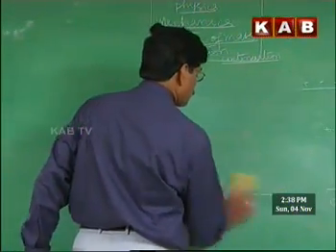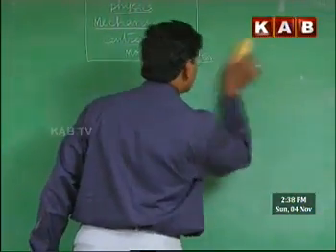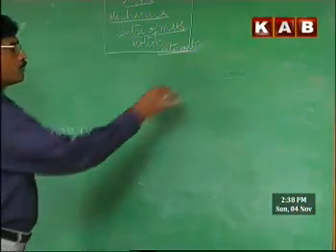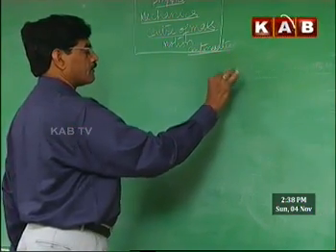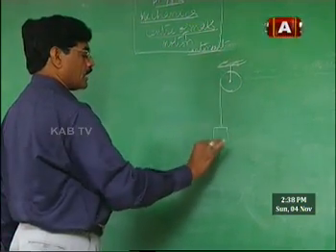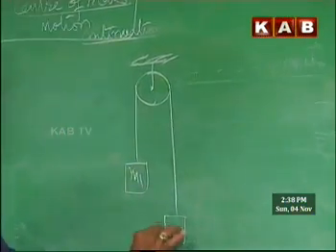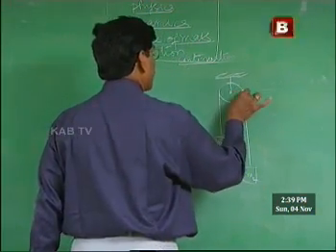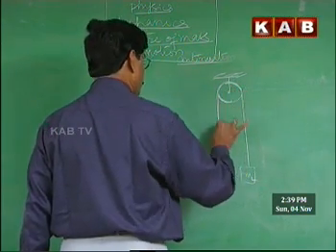Now, we will try to calculate the acceleration of the center of mass in a simple case. For example, in Atwood's machine, how do we calculate the acceleration of the center of mass of the system? Let there be a block of mass m1 and another block of mass m2, connected together by an inextensible light string passing over a pulley.